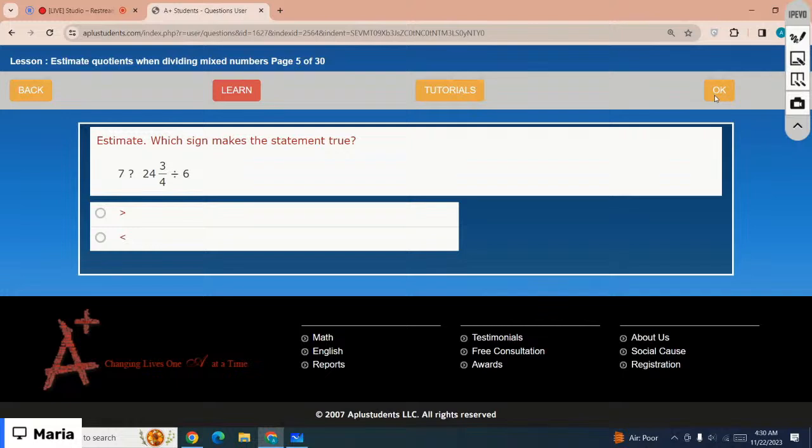7, you have to compare it to 24 whole 3 by 4 divided by 6. Which is the correct option? You can simply round off 24 whole 3 by 4 to 24, because 24 is completely divided by 6.